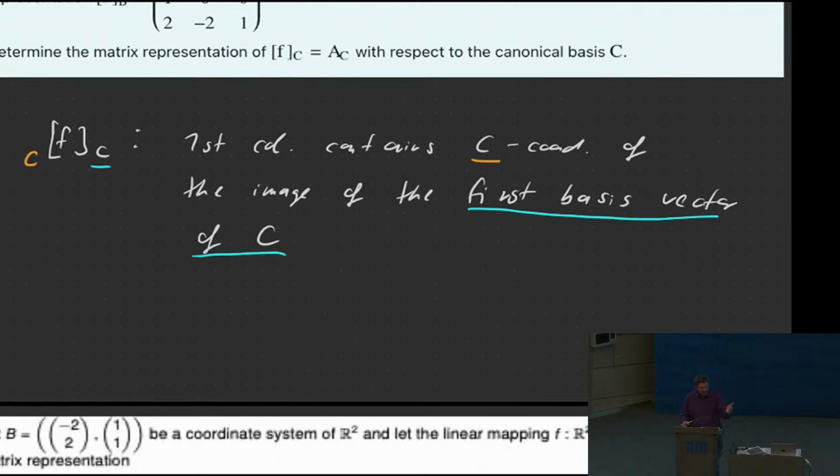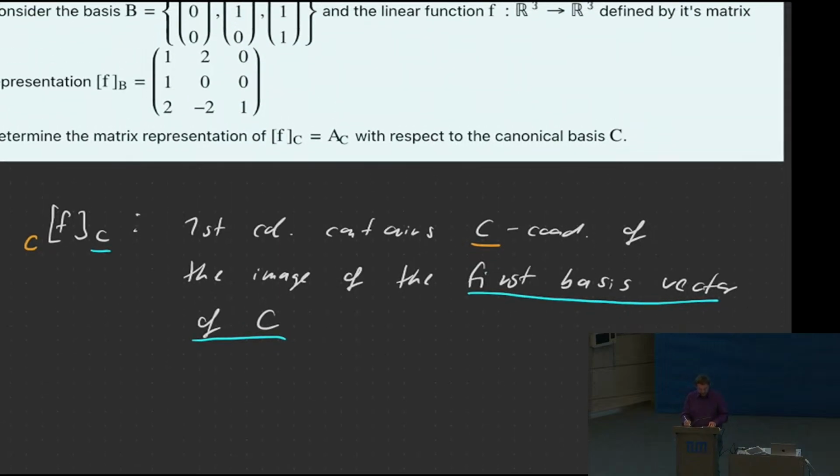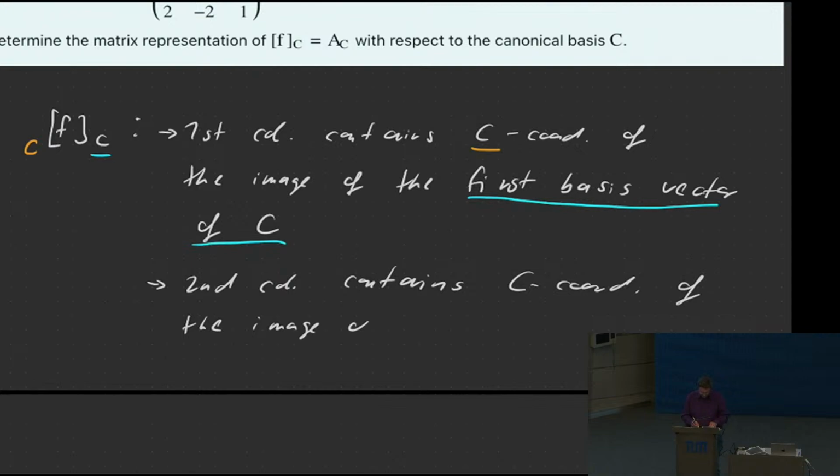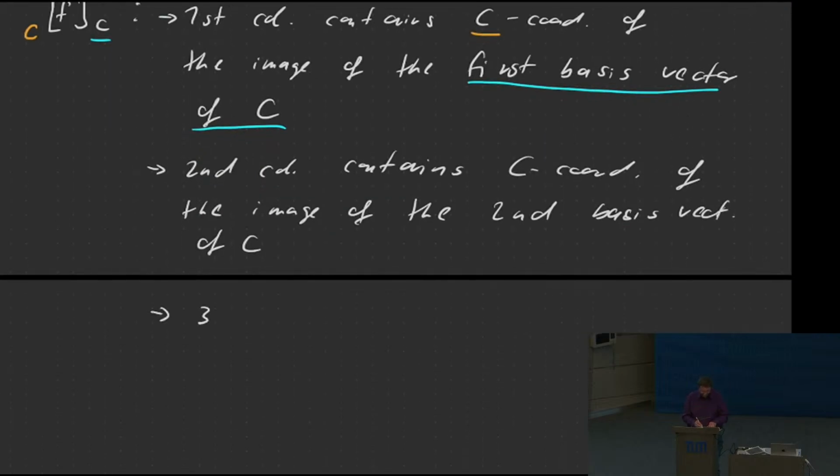Same is true for the second column and the third column. That contains the C coordinates, that doesn't change, of the second and the third basis vector. Yeah, let me briefly write that down as well. So the second column contains, again, the C coordinates of the image of the second basis vector of C, and same thing for the third column, and so on.